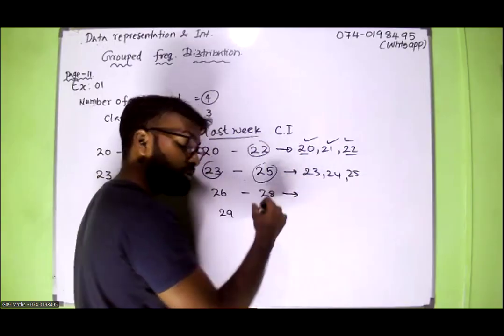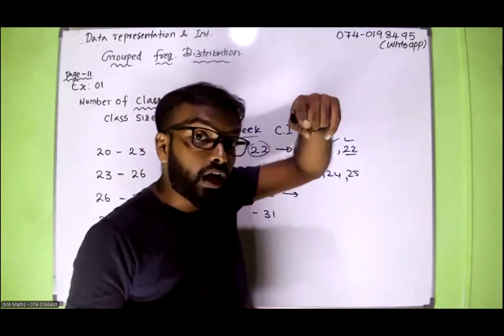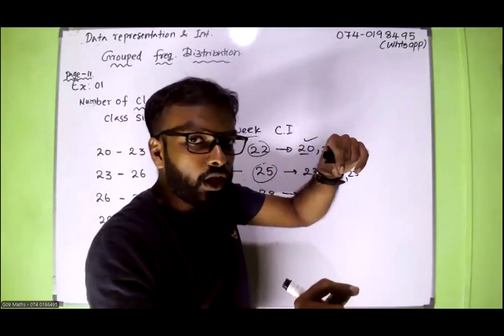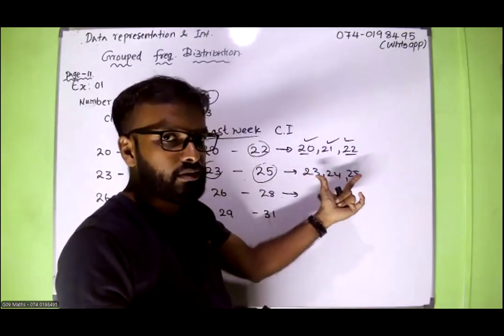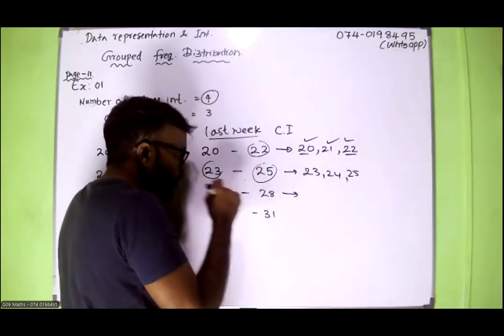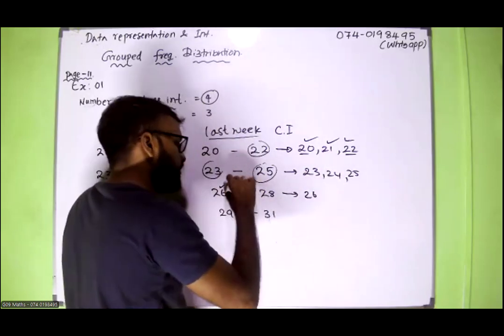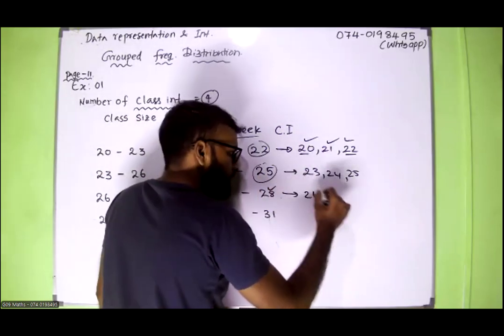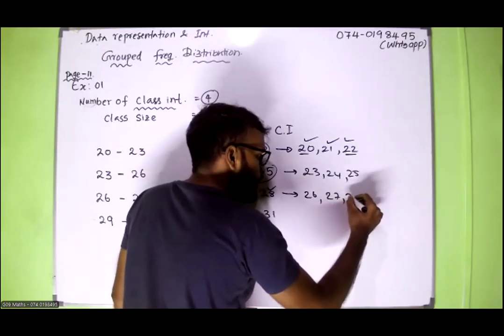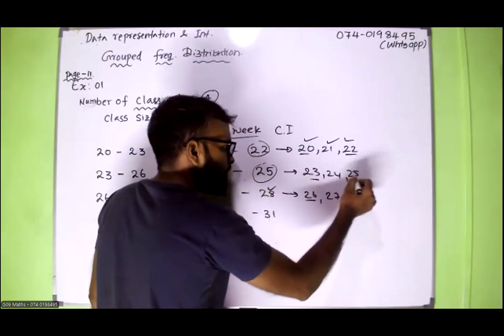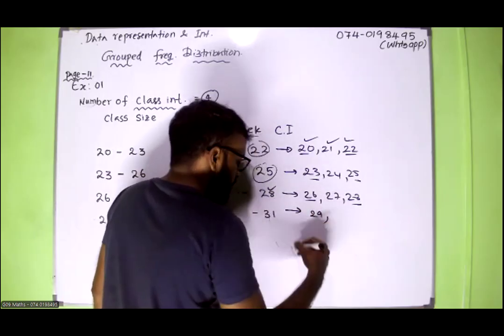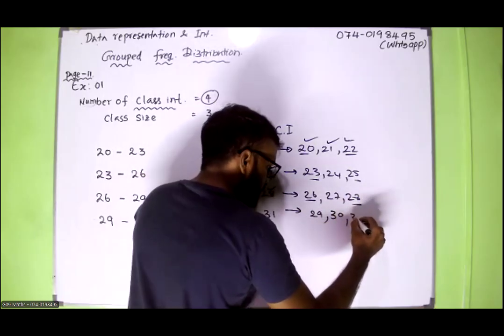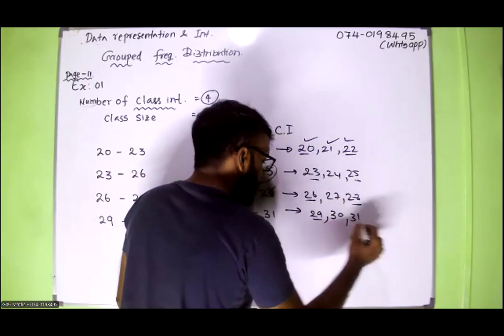I gave you these things last week in the important points. We wrote them down. 26 included, 27 included and also 28. Here 29 included, 30 included, 31 included.